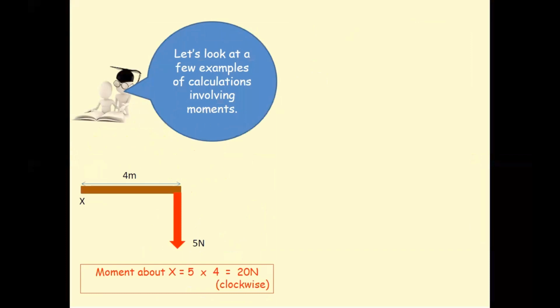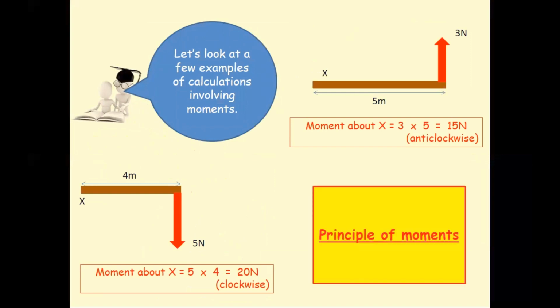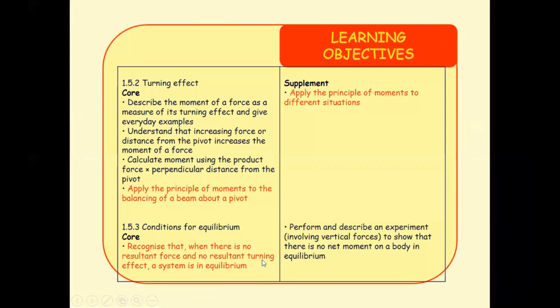The perpendicular distance is 4, and the force applied is in the clockwise direction, which is 5 newtons. So if we have to calculate the moment, we simply multiply force into displacement. And this is your anti-clockwise moment. The unit of moment is newton meters.